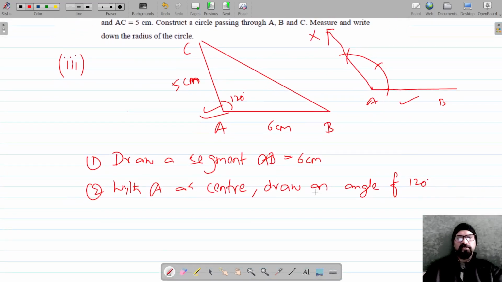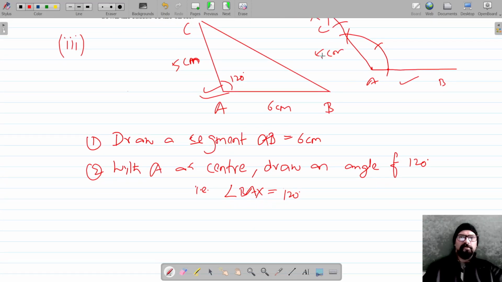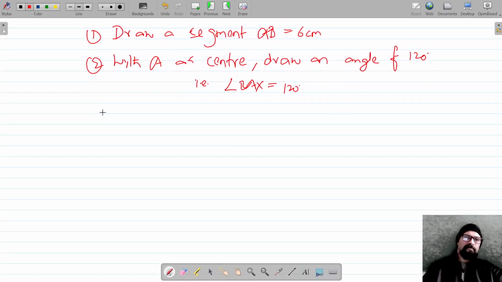With A as center, we have drawn an angle of 120 degree, and this angle BAX is equal to 120 degree. Now with A as center and radius 5 centimeter, we have to cut an arc on AX and name it as C. So that is AC is equal to 5 centimeter.